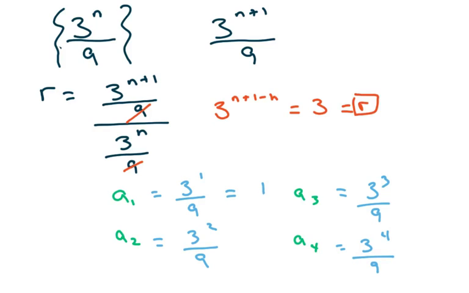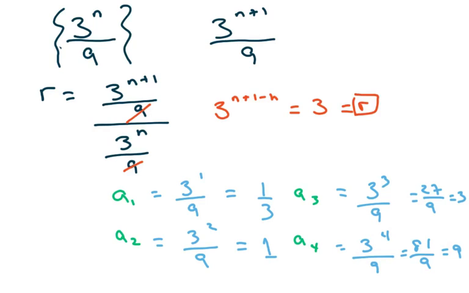So this is going to be 1/3. This is going to equal 1. This is going to equal, let's see, 27 over 9, which is 3. And this one's going to be 81 over 9, which equals 9.